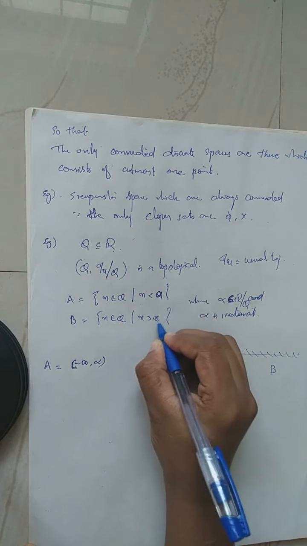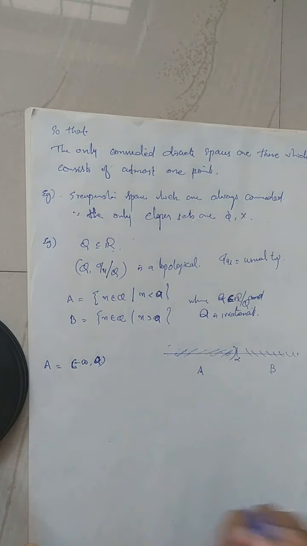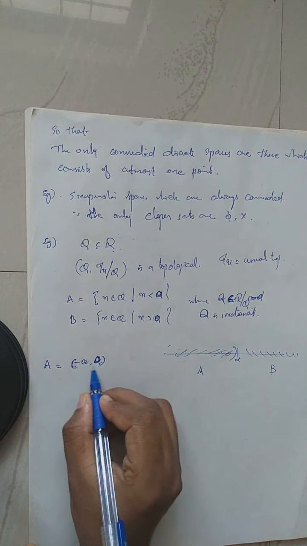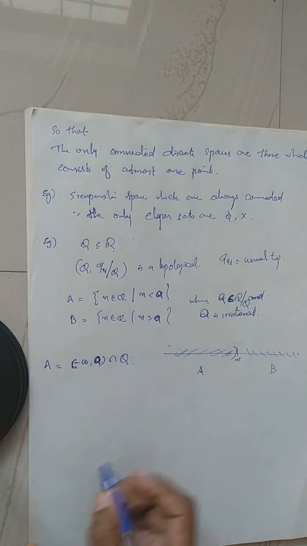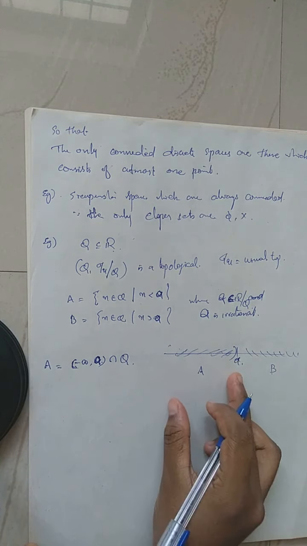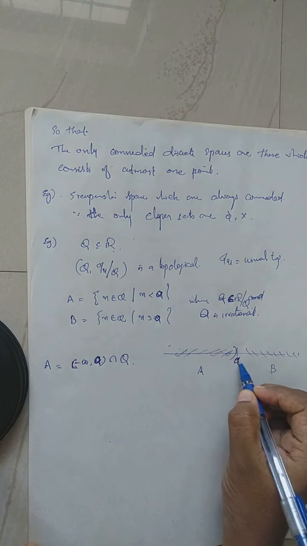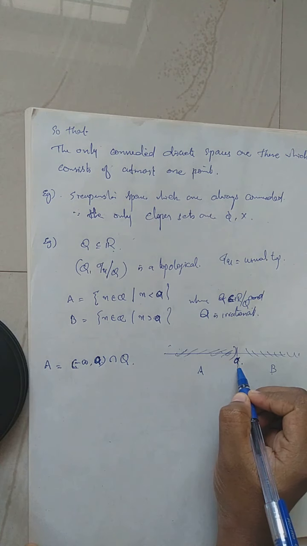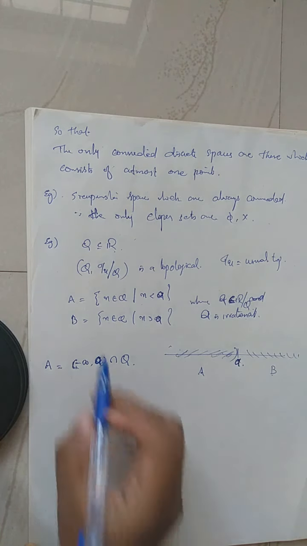So A is minus infinity to a intersection Q. That means you consider the set of all real numbers which are less than a, then you take the rationals. So this A is nothing but minus infinity to a intersection Q.